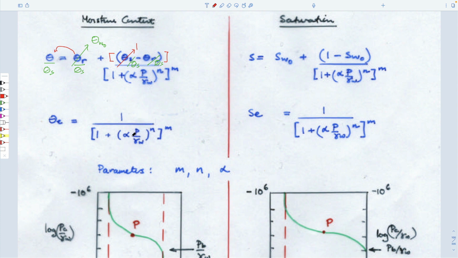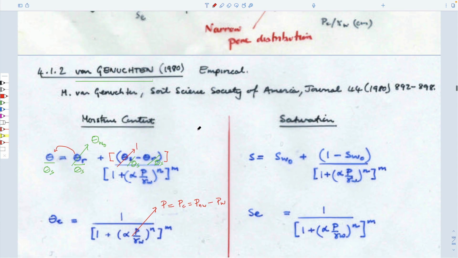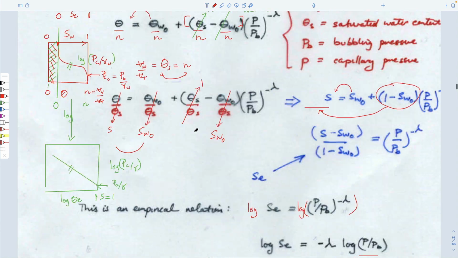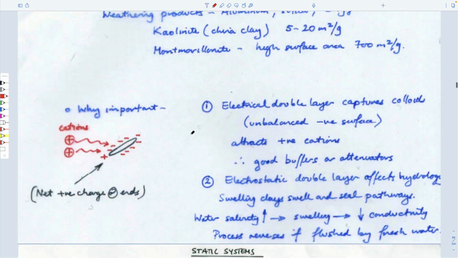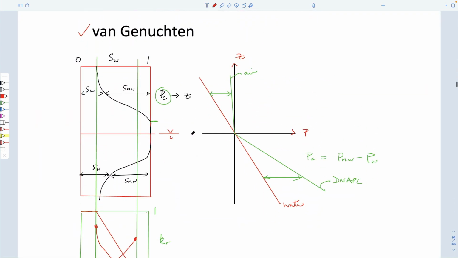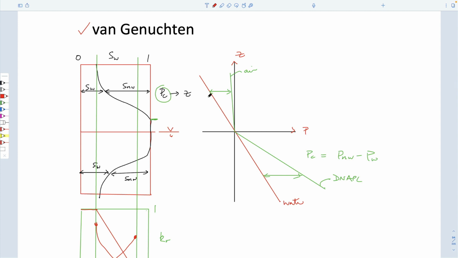The reason that this is written just as a fluid pressure is that the capillary pressure for the vadose zone follows exactly from that curve that I drew: this is the pressure in the water, this is the pressure in the air.